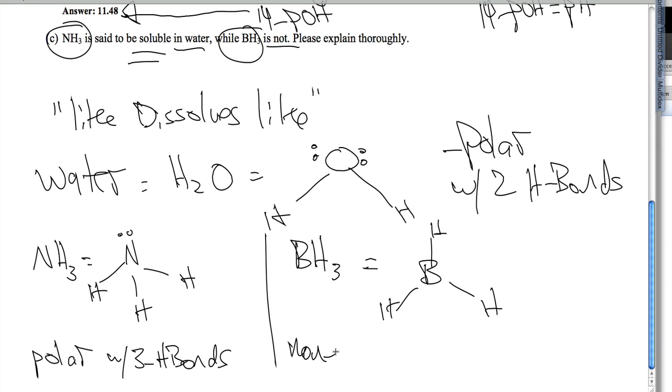This is nonpolar with no H bonds. So subsequently, because like dissolves like, water, who is polar with 2 H bonds, is more like ammonia, who is polar with 3 H bonds, than BH3, who is nonpolar with no H bonds. In terms of the shape, this is trigonal pyramidal with no pi bonds. This is trigonal planar with no pi bonds.